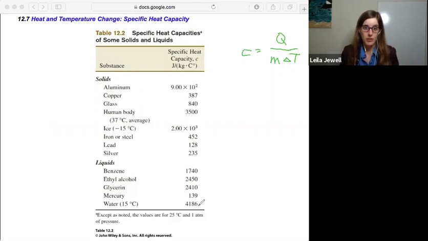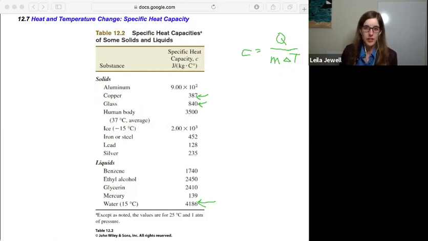That's one of the reasons why copper can change temperature much faster than glass, for instance, if you've ever used various baking dishes, and also why water takes a lot of energy in order to change its temperature. It also keeps that temperature longer because of that.